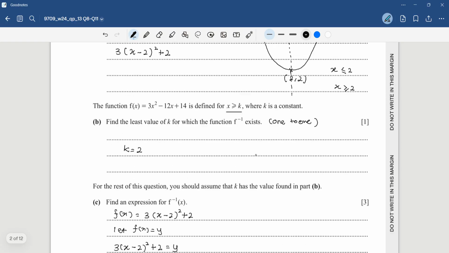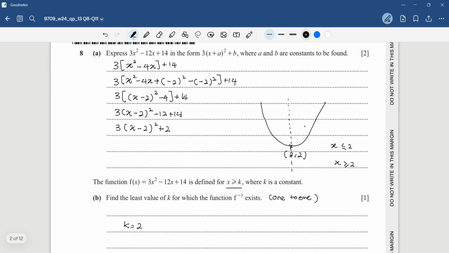So we go back to the graph. Just now the graph is divided into two, before the axis of symmetry and after the axis of symmetry. If my domain here is less than or equal to 2, this region is where it is negative, and after 2 will be positive. Since our graph is this region, because it is x more than k, x more than 2, we only have this part.